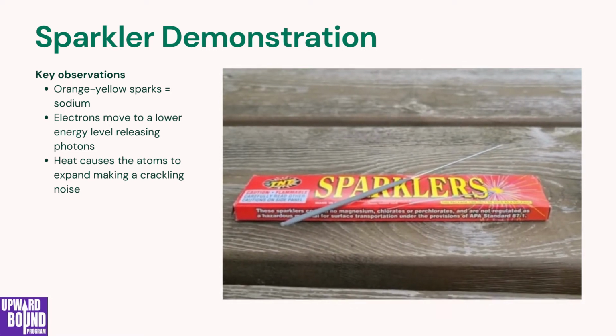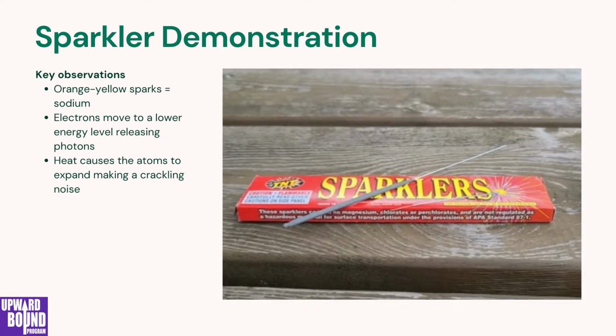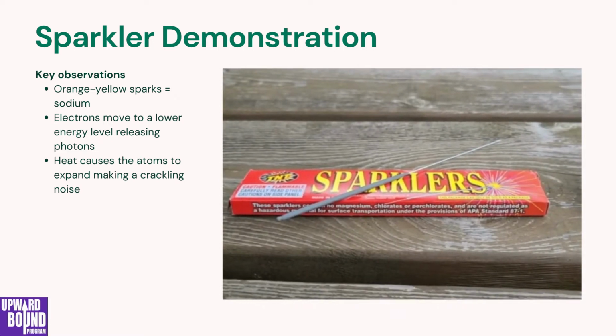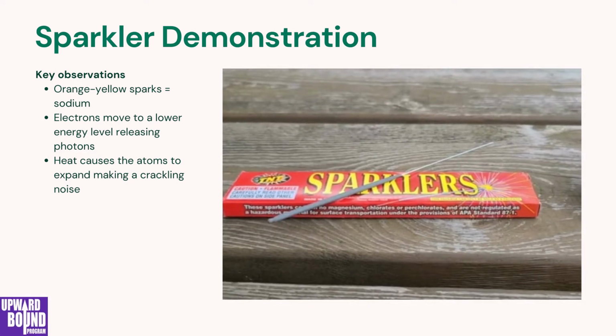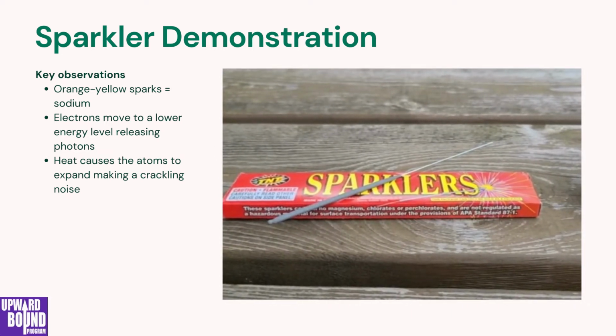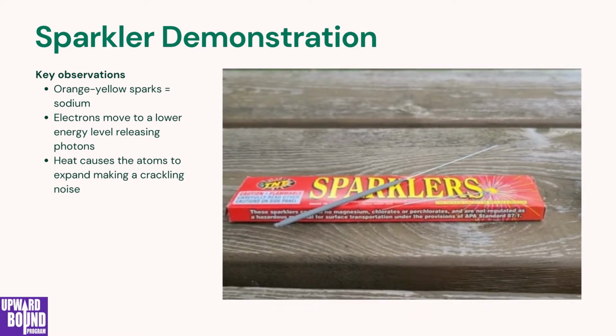As the heat is produced, it sparks, and as the light is produced from the reaction, what we see is electrons jumping from one energy level up to the one above. As these electrons start to fall, they release energy as photons. And in sparklers, in this case, they use sodium, and we see orange sparks and maybe even an orange flame.